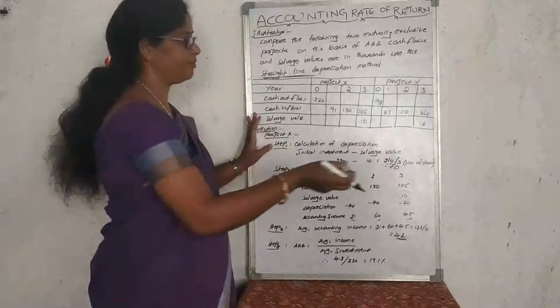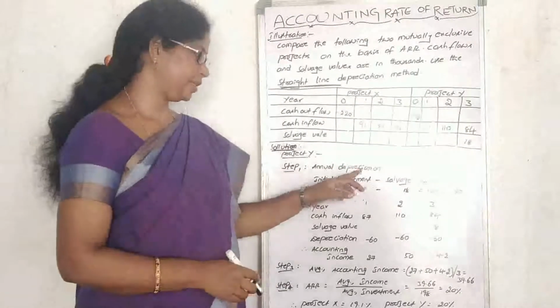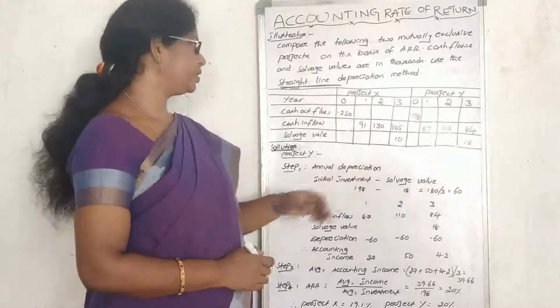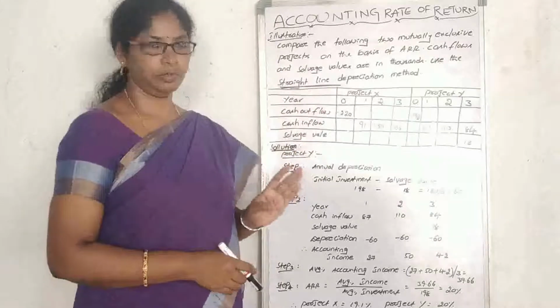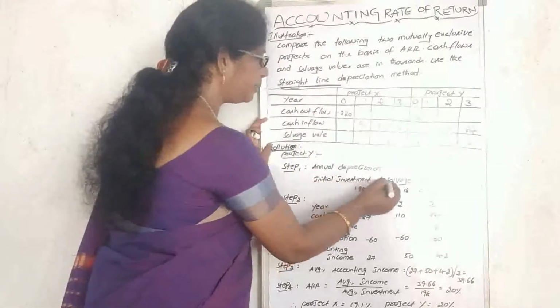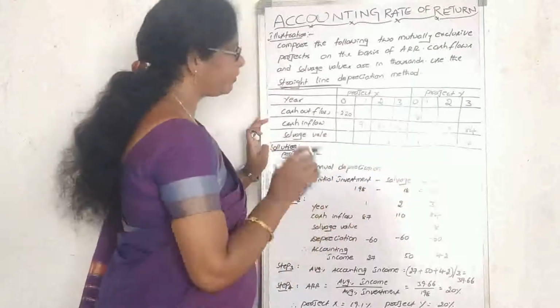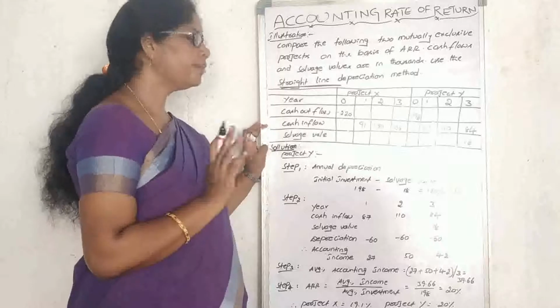And coming to project Y. Step 1, we need to calculate the annual depreciation. How can we calculate it? This is already given in the problem. Straight line method needs to be used. The formula is initial investment minus salvage value divided by number of years of usage period of the project.